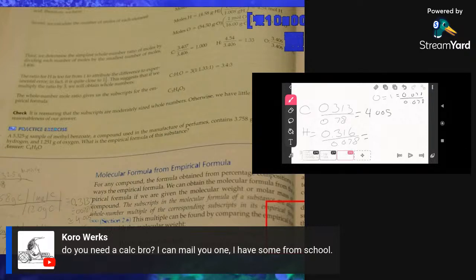I'm not sure. And then on the hydrogen, you're going to get 4.04. I don't know if that's right, but whatever. So you get 4.04 and you get 1 right here. You see that?